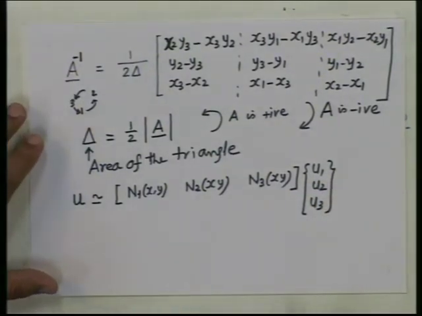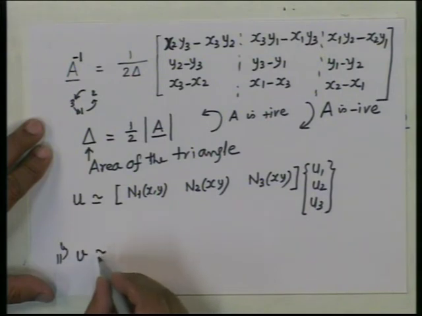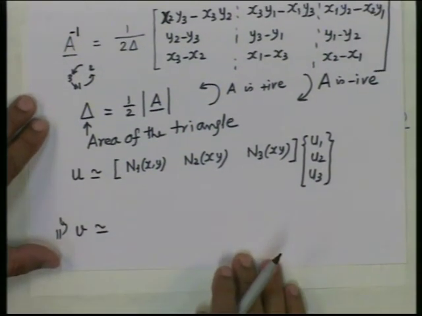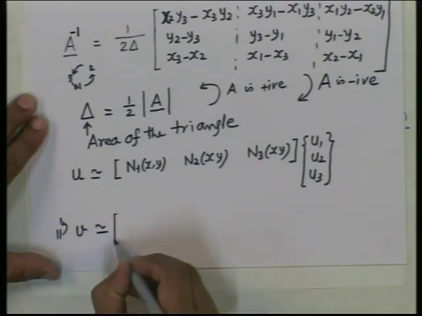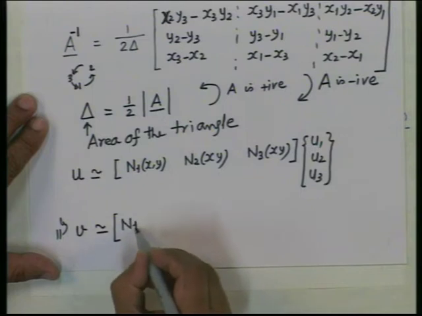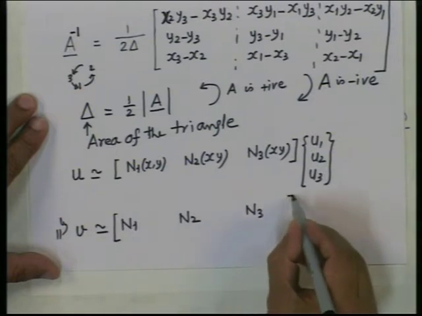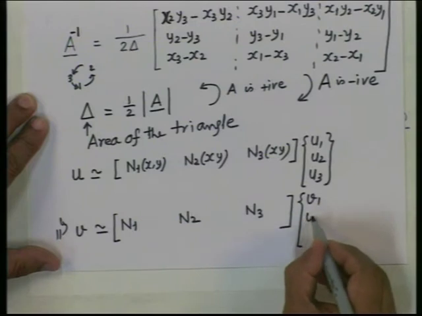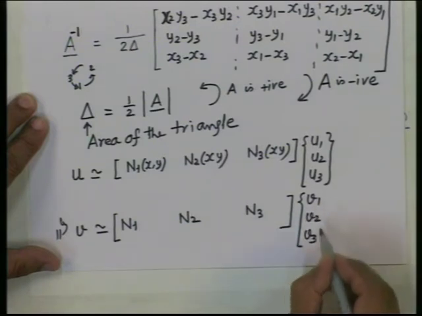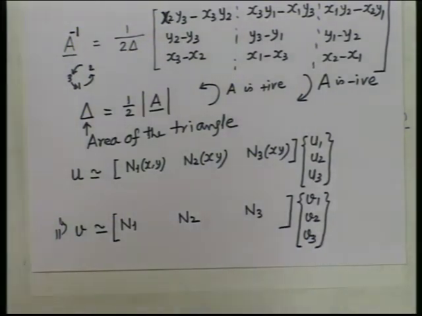Similarly for v also, there is no difference between u and v. If you have done it for u, the same thing will hold good for v also. So for v also you will have the same relationship, N1, N2, N3 multiplied by v1, v2, v3. Now, what are these?